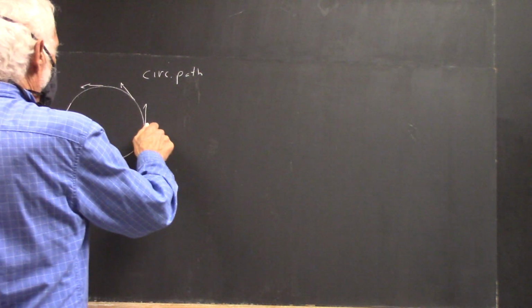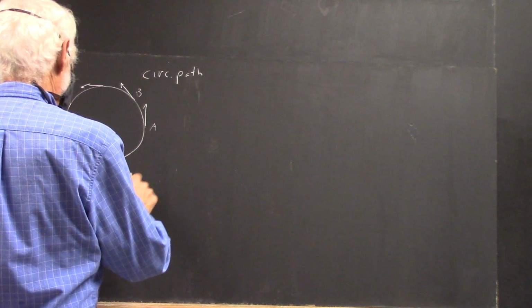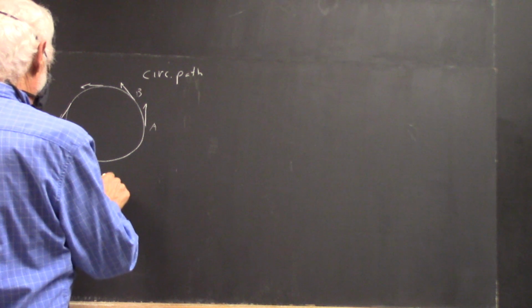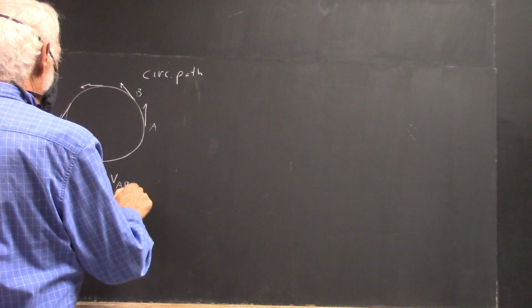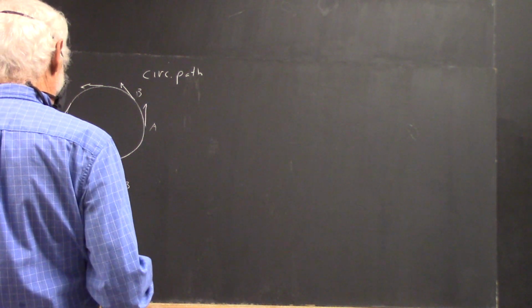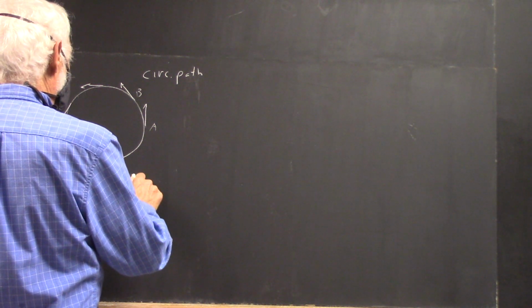Okay, so let's call this point A, call this point B. So we could say that the change in velocity from point A to point B can be represented this way.